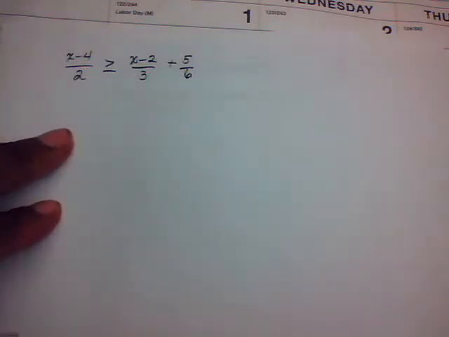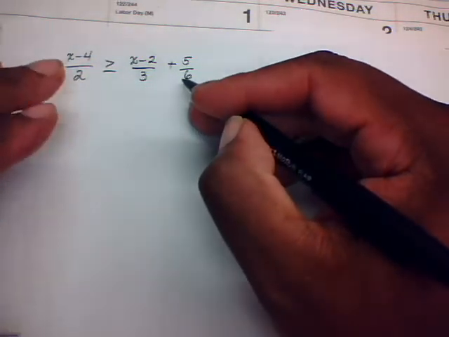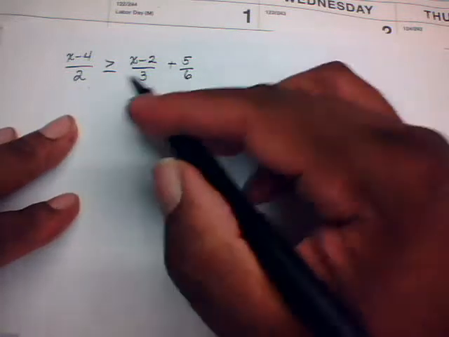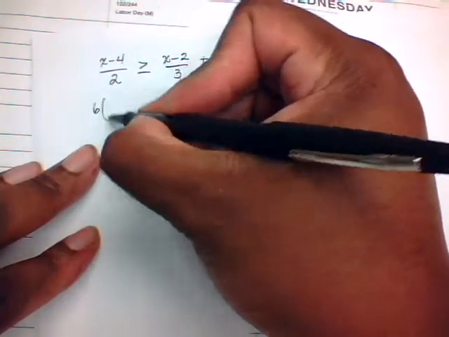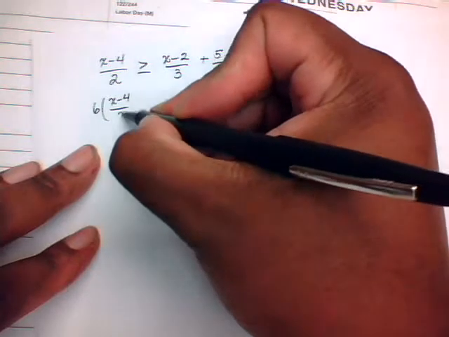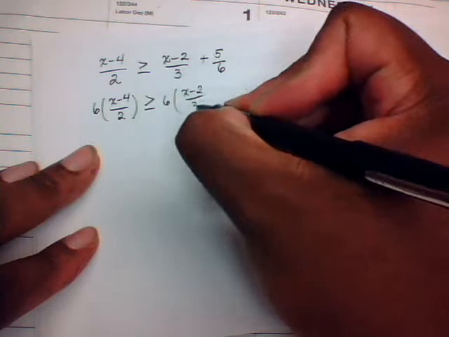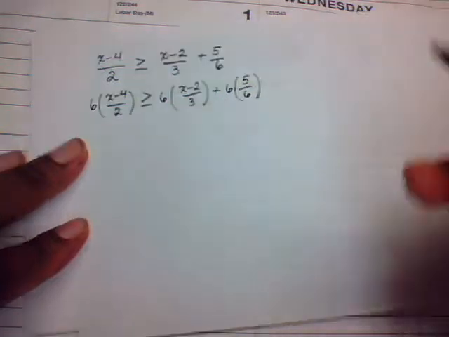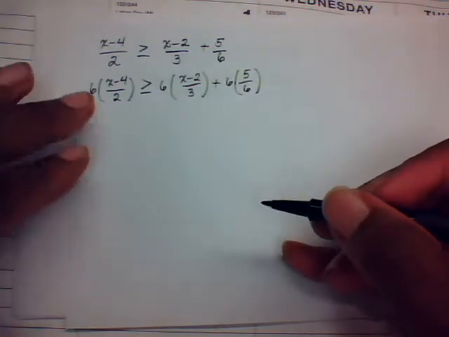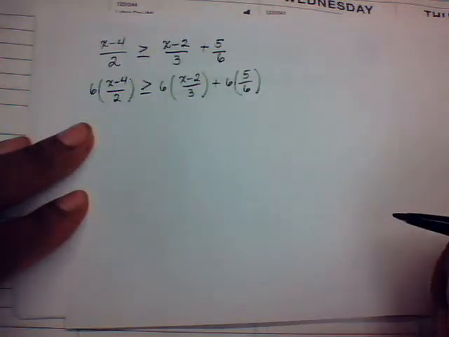Okay, now, like a linear equation, we want to get rid of these numbers that are in the denominator by multiplying by a least common denominator of 2, 3, and 6, which is, of course, 6. So what we're going to do here is multiply each and every term in this inequality by 6.